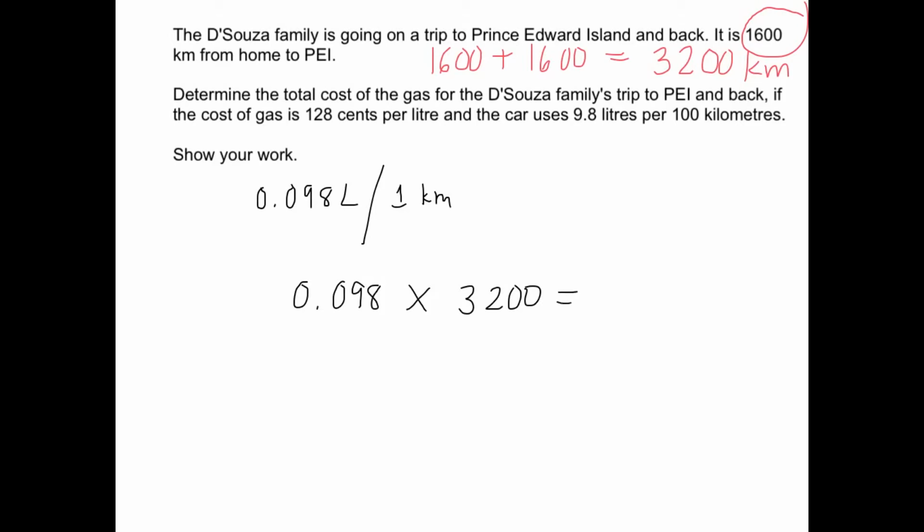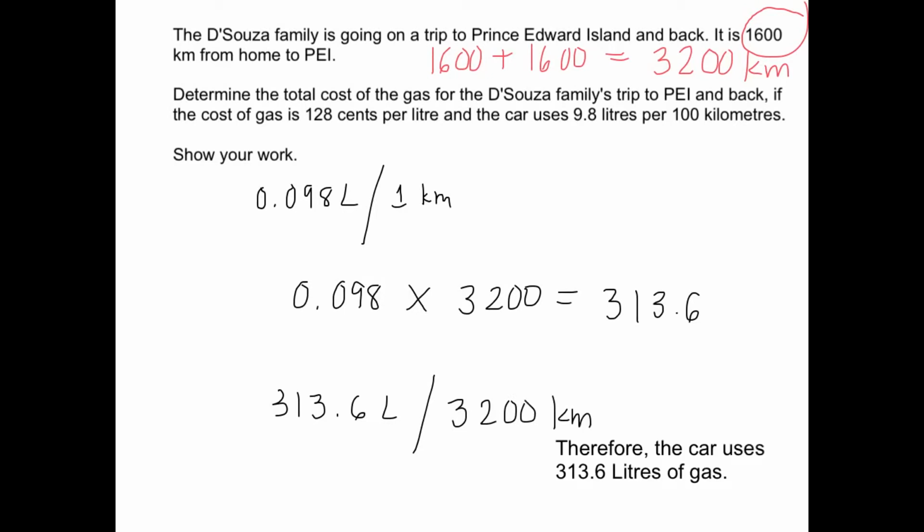So this is equal to 313.6. 313.6 what? 313.6 liters for every 3,200 kilometers. Therefore, the car uses 313.6 liters of gas for this trip.